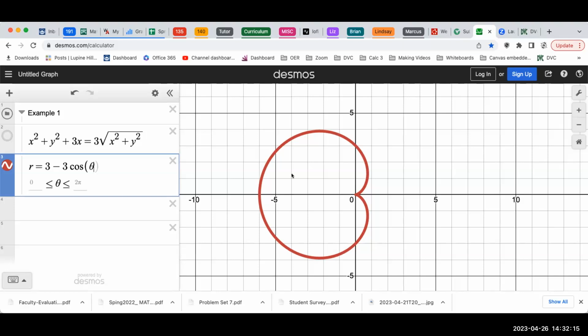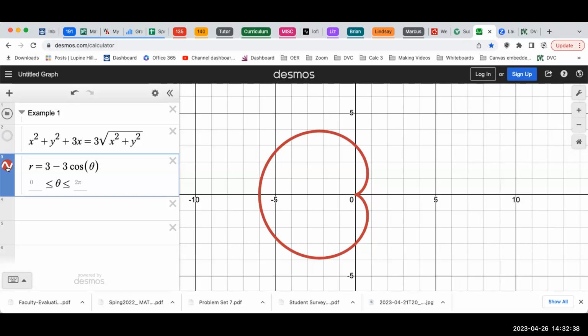Negative 1. Negative 1 times negative 3 is 3, plus 3 is 6. So when theta is pi, r is 6, which is the point right there on the graph. So this coincides with the original graph.